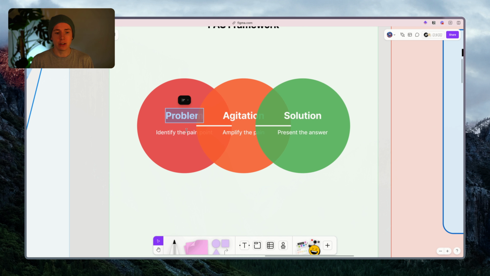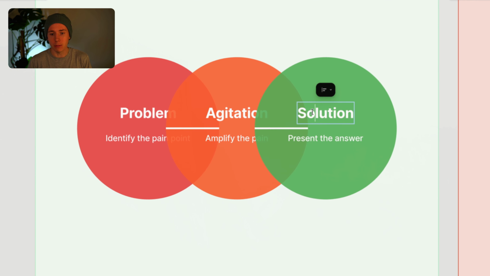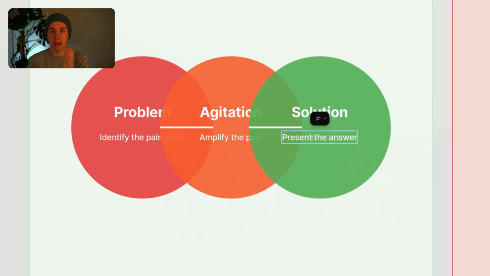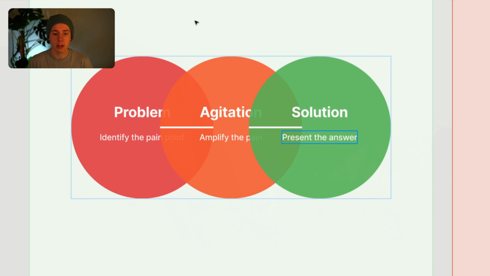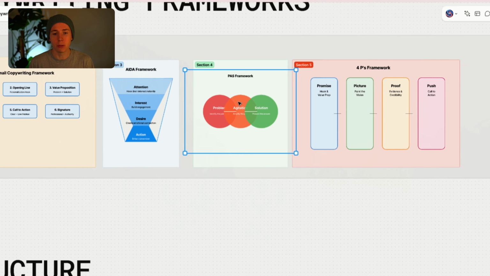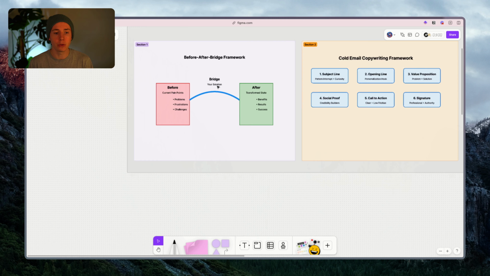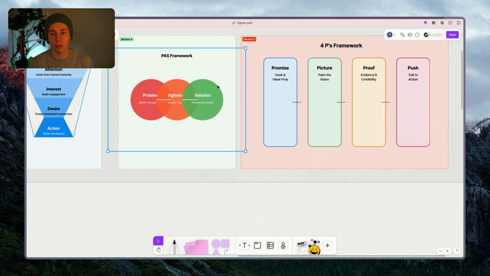So it's like, hey, do you suffer from this? These are the effects of suffering from this. I actually have a solution that can bring you out of this pain point. And so it's very similar to the bridge, but you can almost see this as a tactic or a strategy to more effectively accomplish the before-after bridge framework.